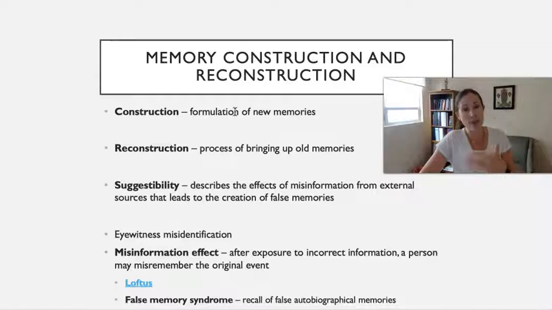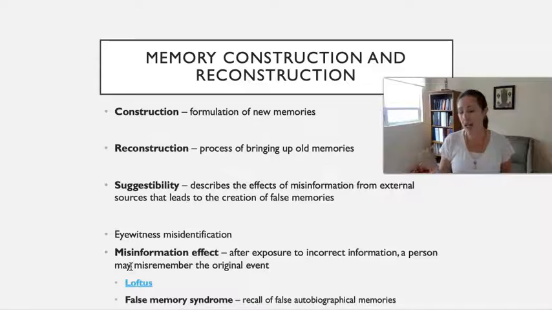So false memory can either be a totally new memory implanted in your brain, or it can be that your memory of an event changes, so the way you remember it is not exactly what happened.